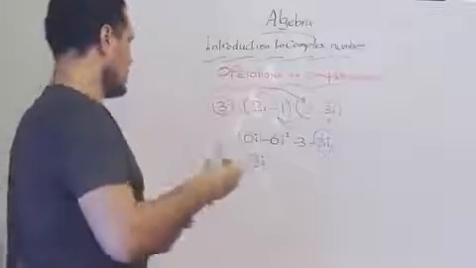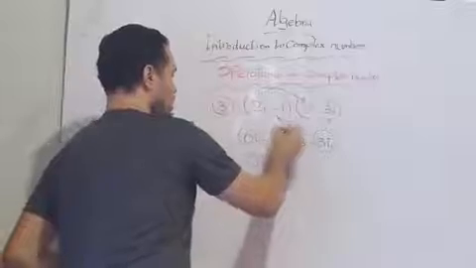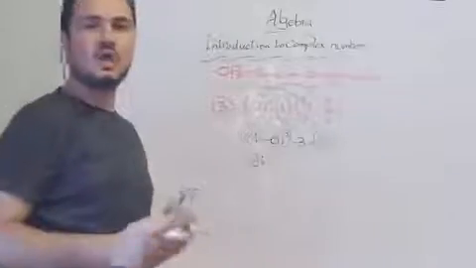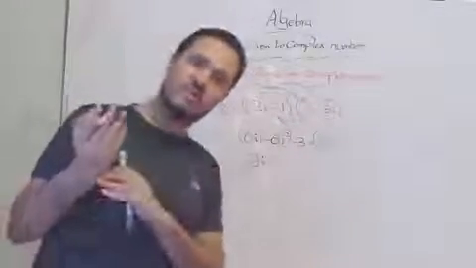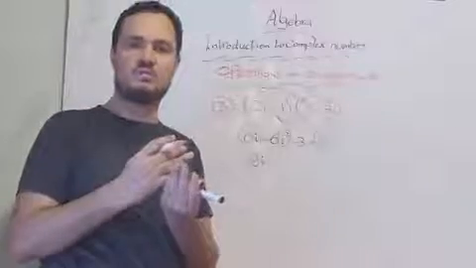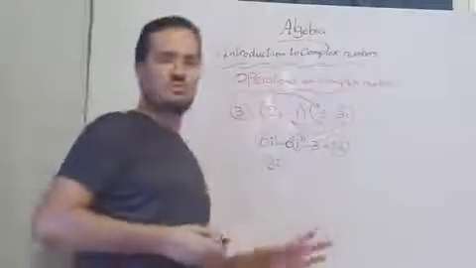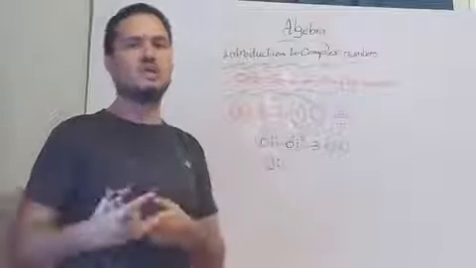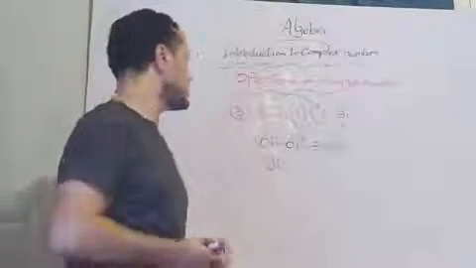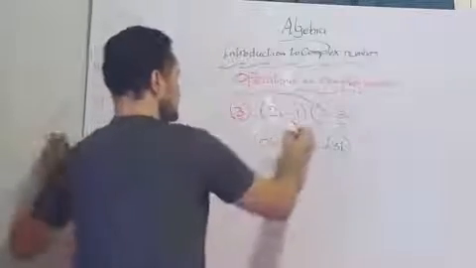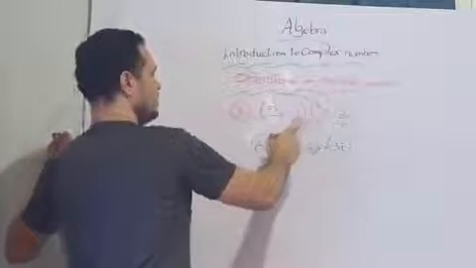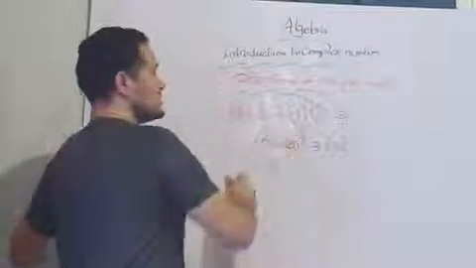But what is the value of i power 2? As I said before, i power 2 is the value of negative 1. If you have i power 2, you may change it to negative 1. So negative 1 times negative 6 is 6.